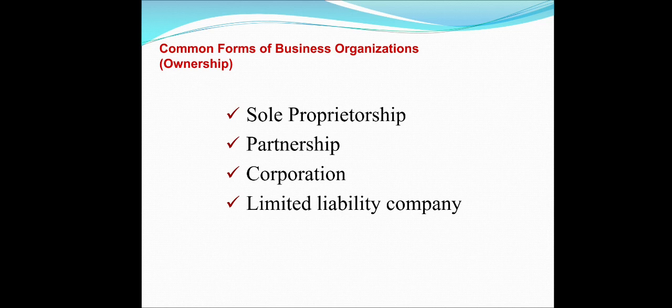So we have discussed 4 roles of accounting. Accounting is a language of business. Accounting is a decision-making tool. Number 3, accounting can be used to create accountability and control. And number 4, accounting is an information system.